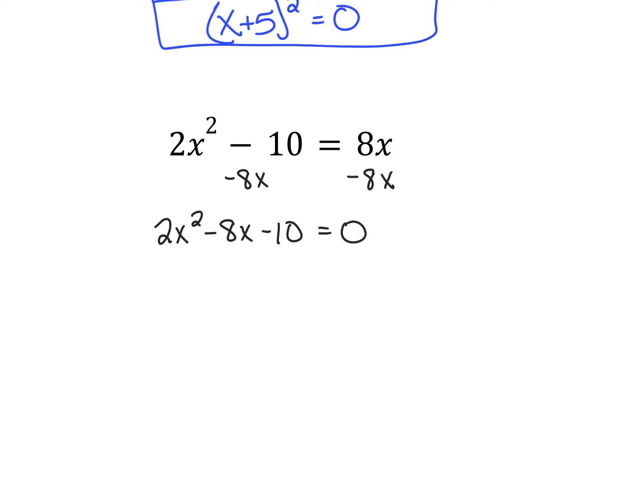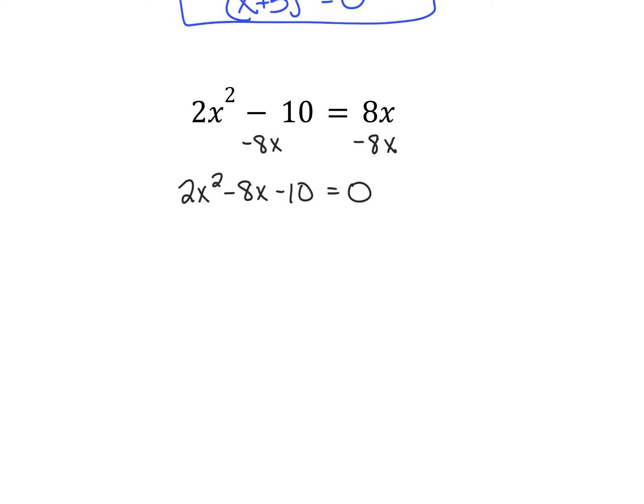Looking for a greatest common factor, does 2x squared, 8x, and negative 10 have anything in common? And they do all have a 2 in common. So we're going to go ahead and divide and factor. That will give me x squared minus 4x minus 5 equals 0.